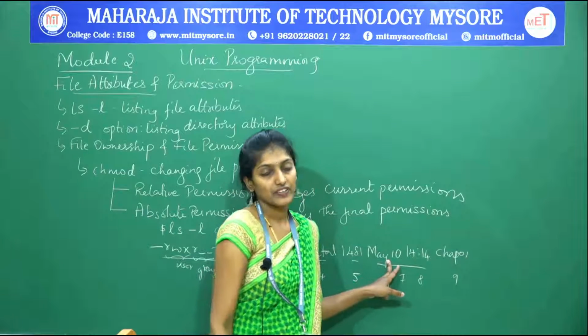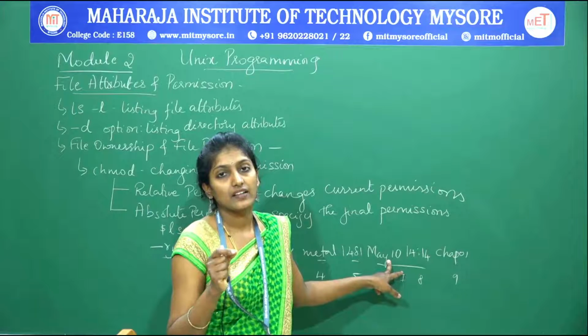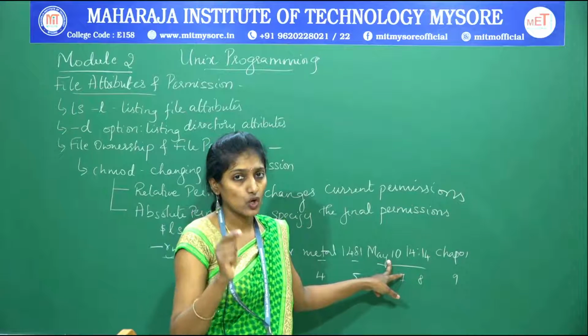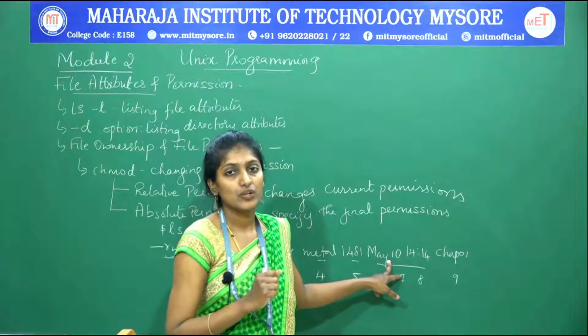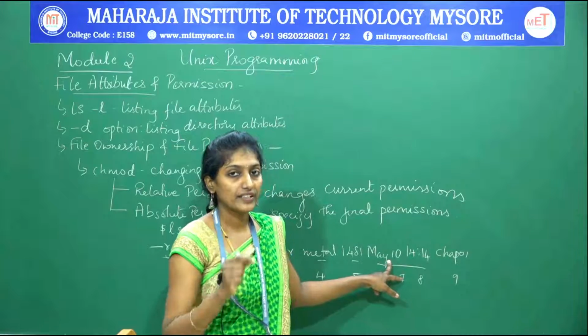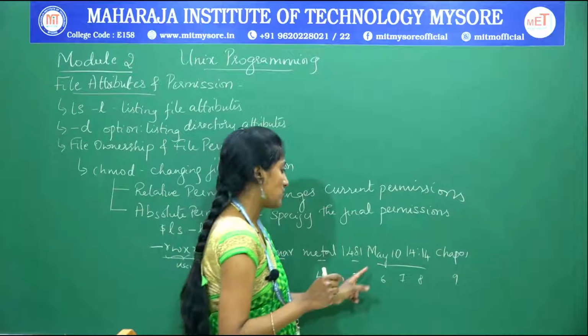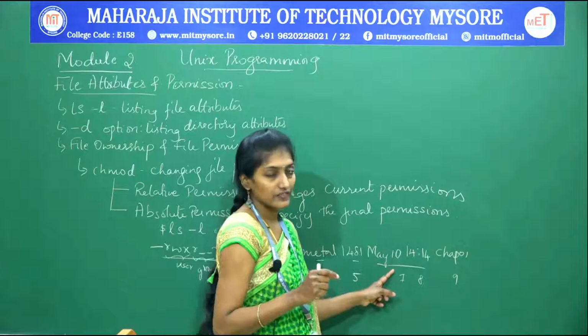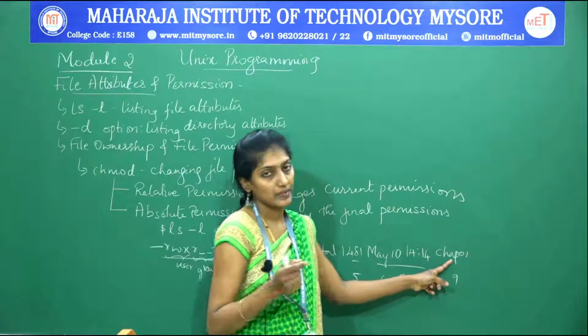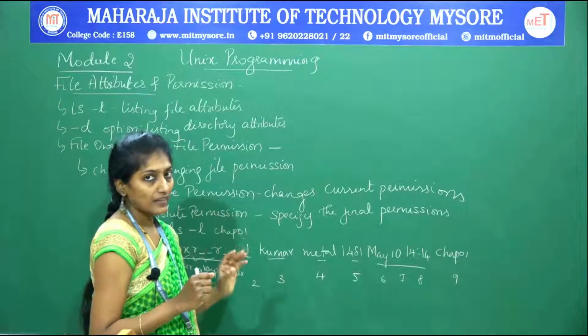If you have changed only the permission or the ownership of the file, the last modification time will not be affected. Instead, if you have modified the content within a file, then the modification time is going to change here. And the last column represents the file name of the listing you have displayed.